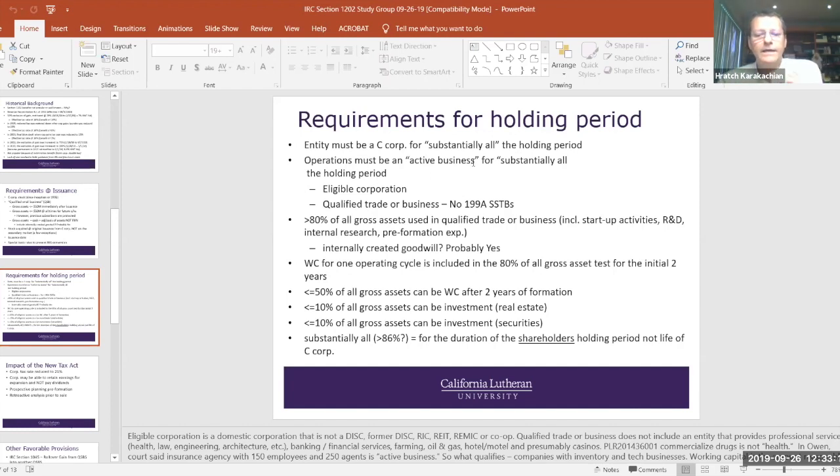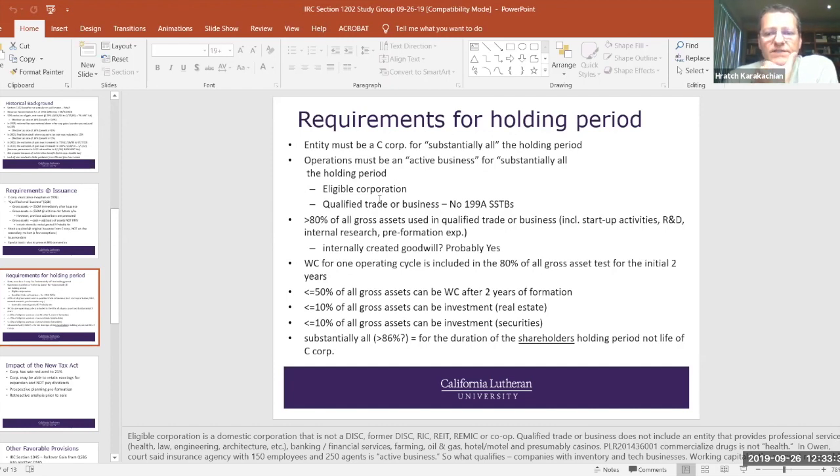And in the previous example where we're contributing a corporation or a business enterprise into a corporation, that would work if that entity's operations would qualify as an active business. And there's a provision of what an active business is.